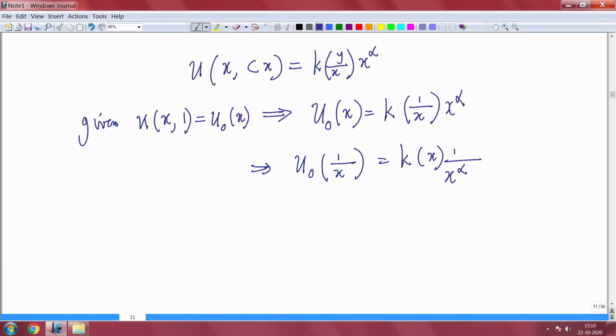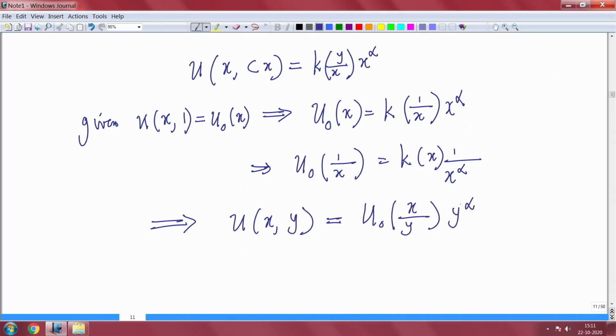So, you substitute here k of x, and substitute here. Please do this little bit of work, you can finally get u of x y. Do this analysis a bit: u naught of x by y into y power alpha.